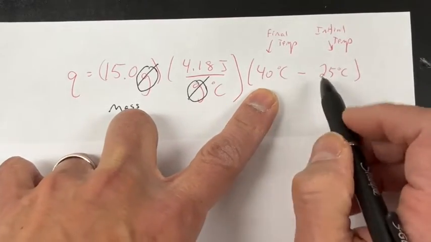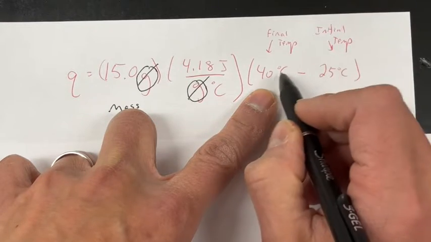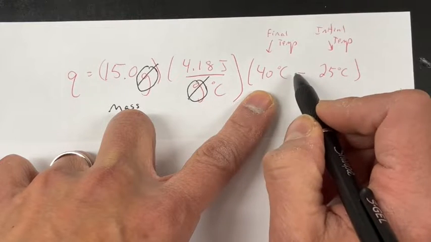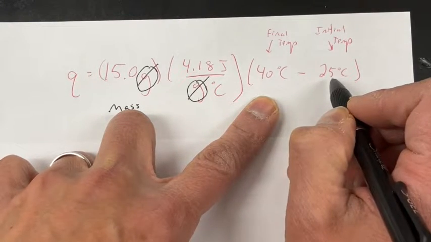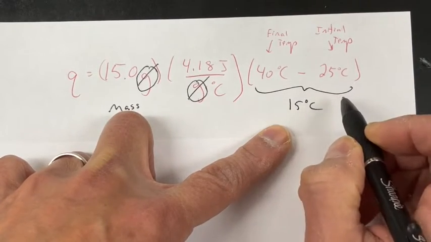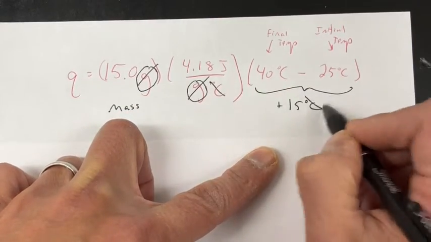Times my change in temperature, always my final temperature minus my initial temperature, because if I'm going up in energy, then that's a positive temperature change. So my final minus initial. This ends up being 15 degrees Celsius, as I was saying, positive 15. And my Celsius cancels out, okay?